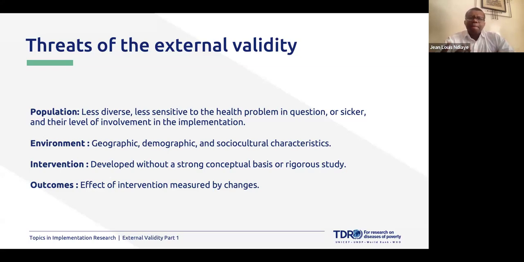It could be the population, the environment, the intervention, but also the outcomes. If the population is really diverse, or has very different sensitivity to the health problem in question, it could be a threat to external validity. Or if the population is sicker, or differs in their level of engagement or involvement in the implementation.